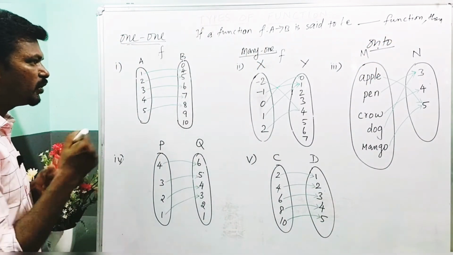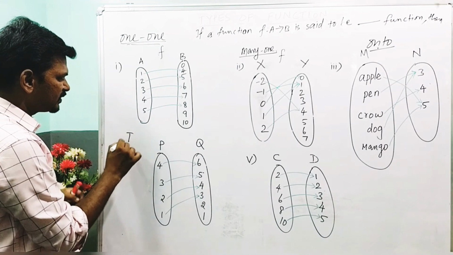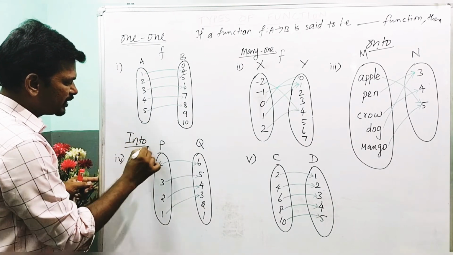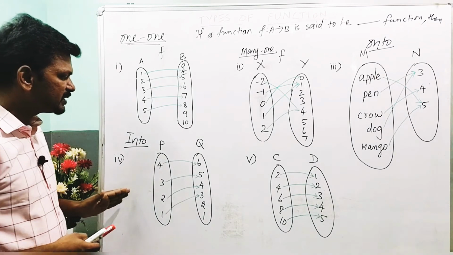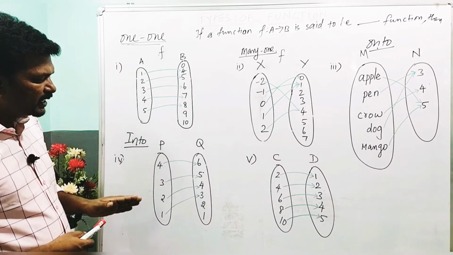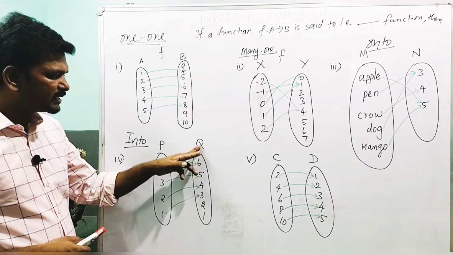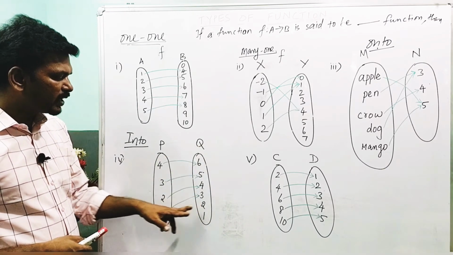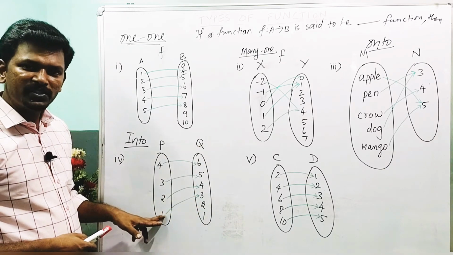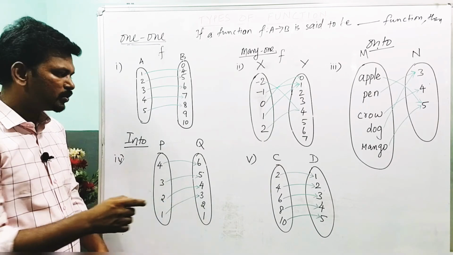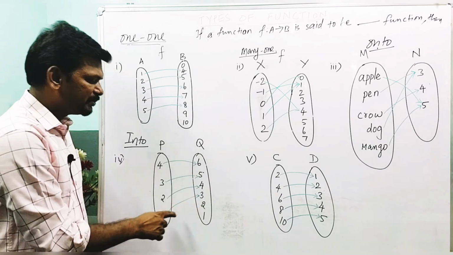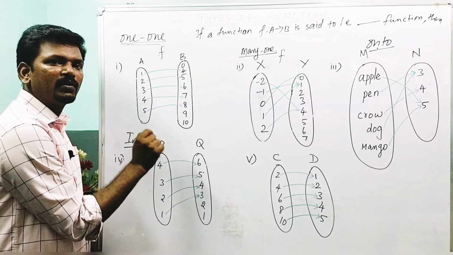Then the fourth type is the into function. Into function means at least one element in the second set should not have a pre-image. At least one element should be there without a pre-image in the codomain.